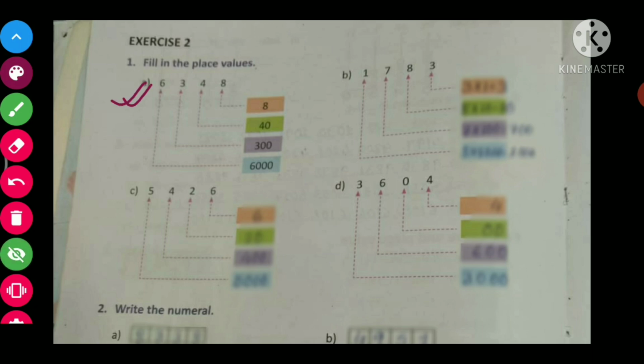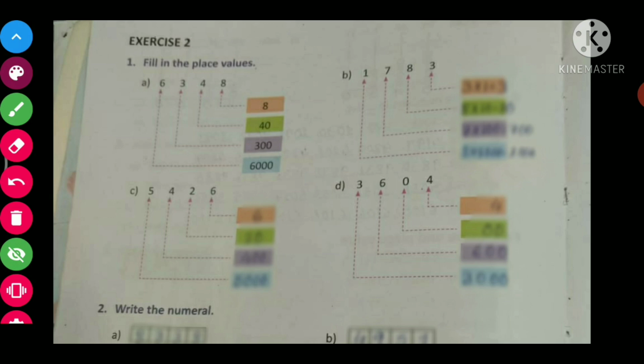As you can see, 8 stands in the ones place, so we'll write only 8. 4 stands in the tens place, so we'll put 40. 3 stands in the 100 place, so we'll put 300. And 6 stands in the 1000 place, so we'll write 6000. Okay, this is how we have to write the place value of these numbers.